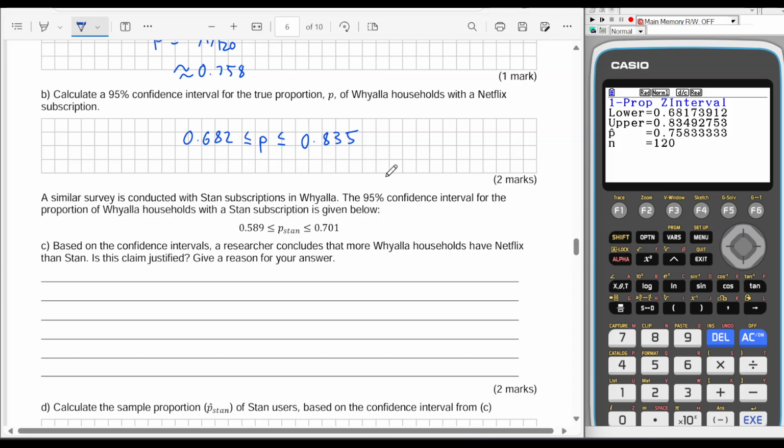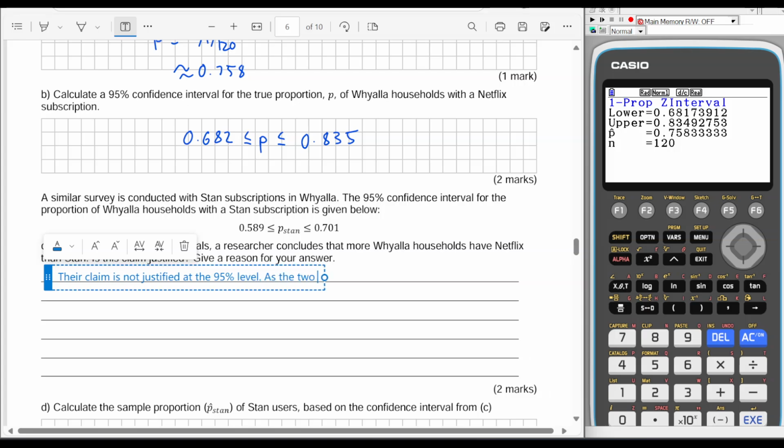Then we're looking at Stan subscriptions, and we've got this confidence interval, and they claim there's more Netflix than Stan. This is not supported. Their claim is not justified at the 95% level, as the 2 confidence intervals overlap. It is possible that P for Stan is either smaller or larger than P for Netflix.